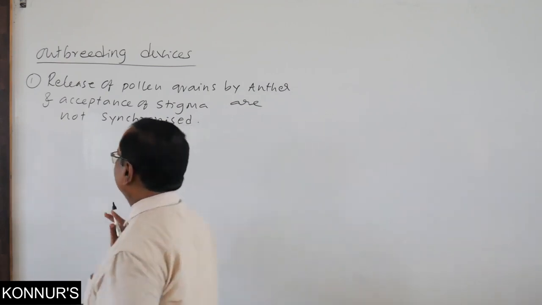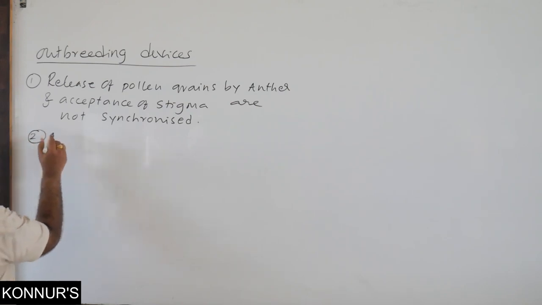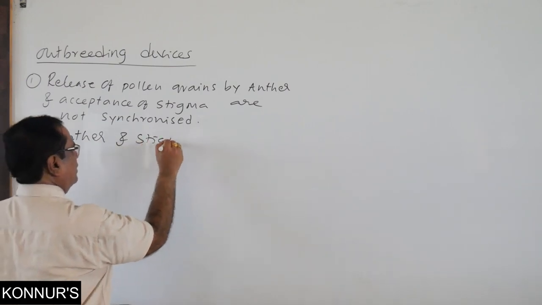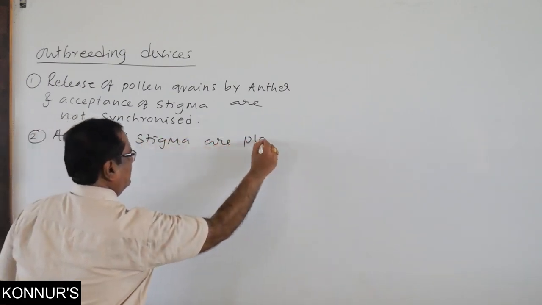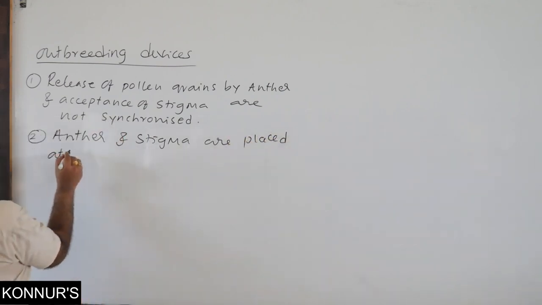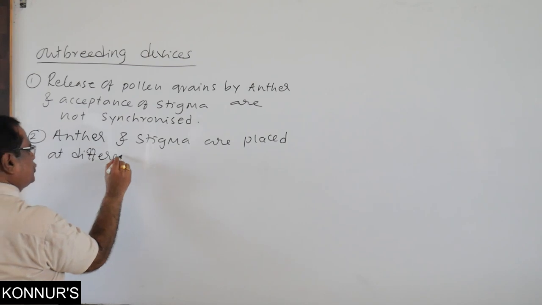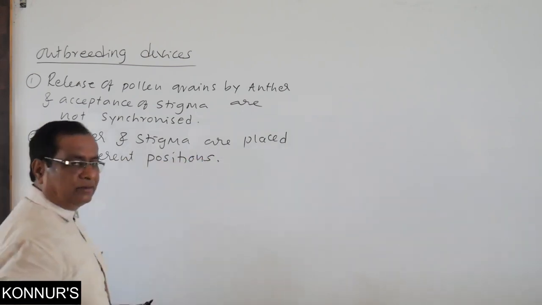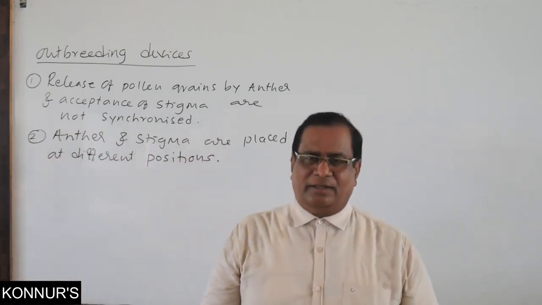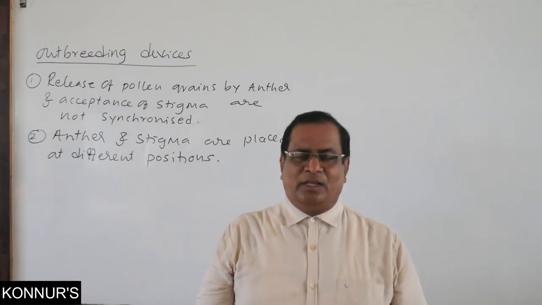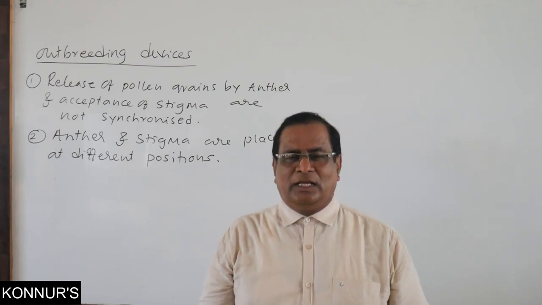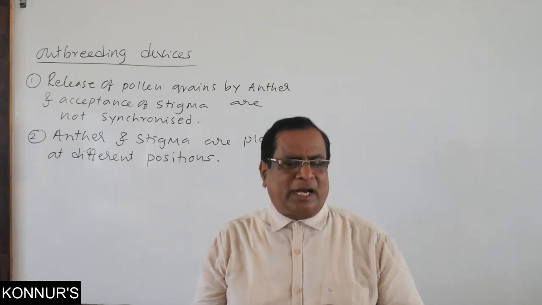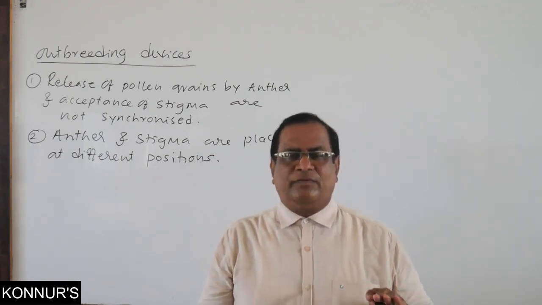And a second one: anther and stigma are placed at different positions. They are placed in such a way that the pollen grains produced by the anther cannot be transferred to the stigma of the same flower.